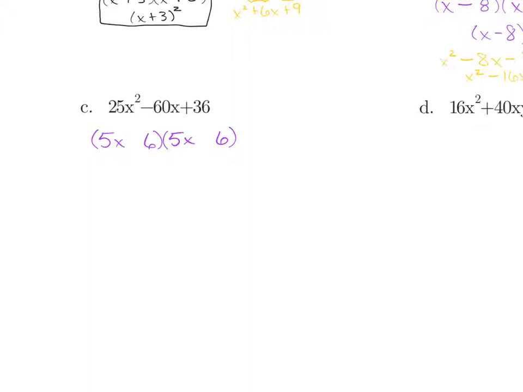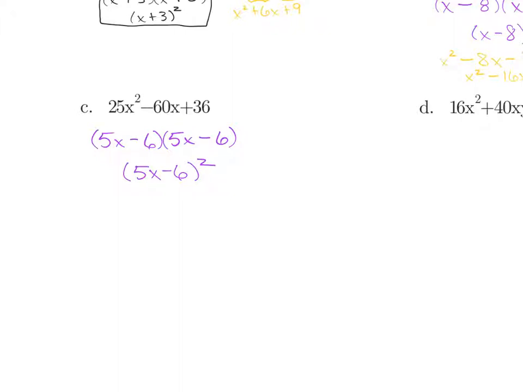We do have that our signs are going to be the same in order to multiply to a positive 36, and they are going to have to be negative because in order to combine two negatives, we keep the sign. So I will have 2 negatives, and here's our factorization. We can also write this as 5x minus 6 squared.